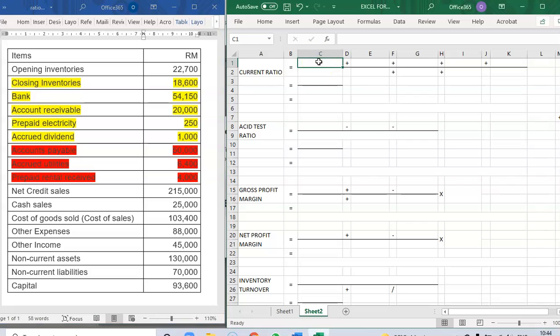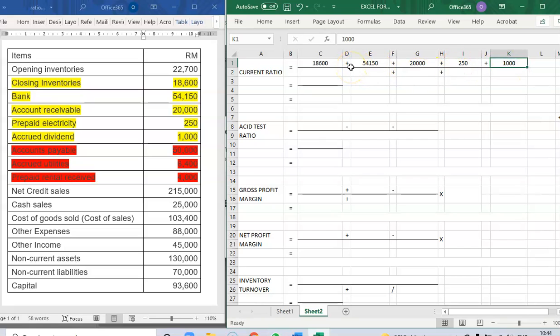Okay, so we key in the numbers for current asset, which is the closing inventory 18,600, and bank is 54,150, and also we key in the account receivables 20,000, prepaid electricity 250, and the accrued dividend 1,000. You must show each individual amount in your answer.